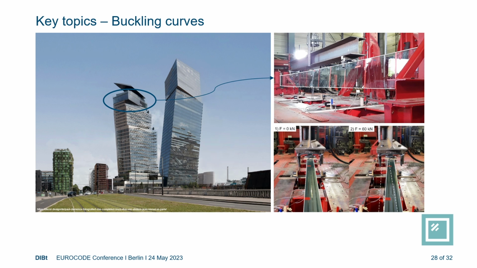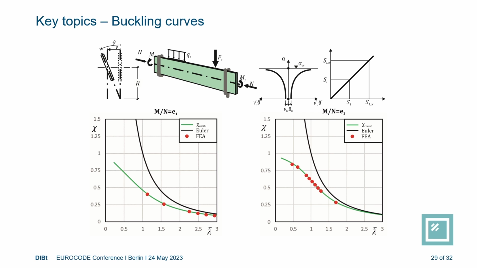And for those elements, we now have foreseen rules for buckling, like we do it in steel, but we are a little bit different because we try to incorporate all these loading scenarios in one formula for one buckling. And these buckling curves can vary from loading to loading.